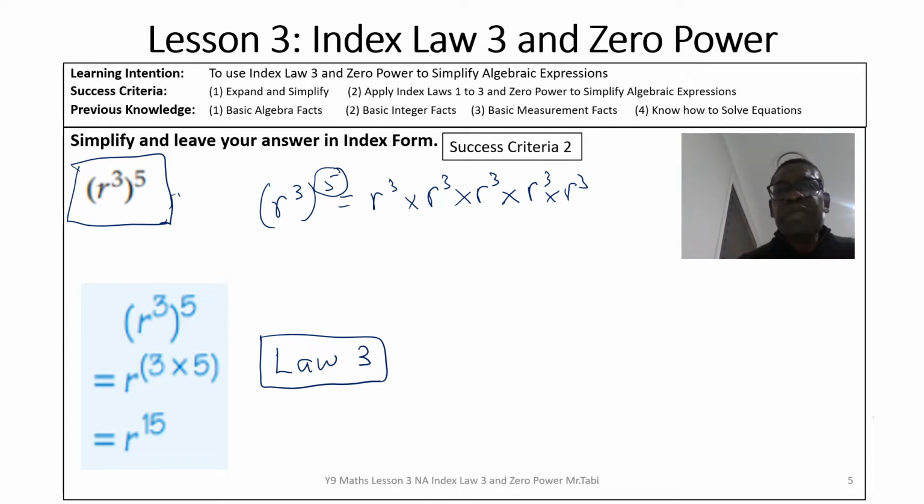And once you have that, you can use index law 1 to help us. Using law 1, it's r to the power 3 plus 3 plus 3 plus 3 plus 3, 1, 2, 3, 4, 5. And that is equal to r to the power of 15.